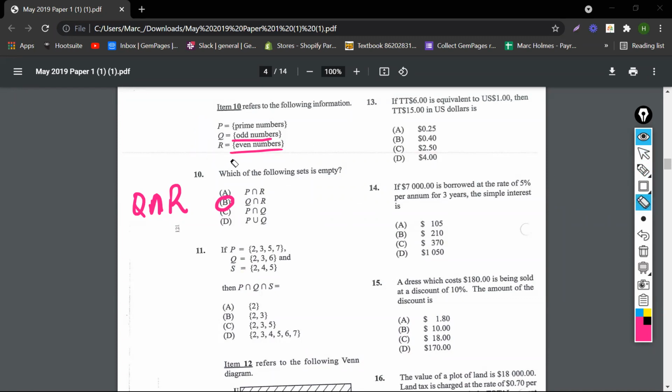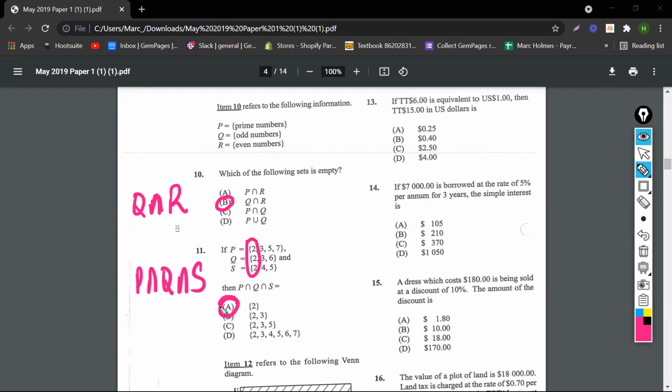Let's look at the next one now, guys. Let's look at 11. It says here, if P, Q, and S are equal to this, find P intersect Q intersect S. So guys, remember, intersection means everything that's common between them. We can clearly see that 2 is common between all the 3 sets. 3 is not common between them. 5 is not, 6 is not, 7 is not, 4 is not.